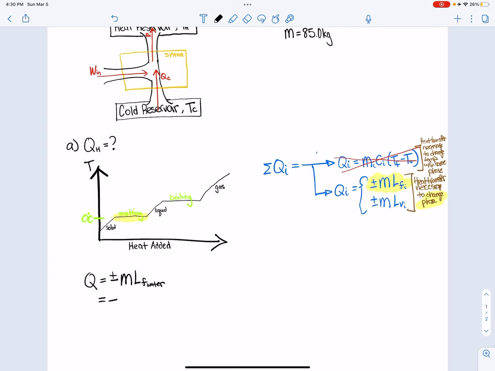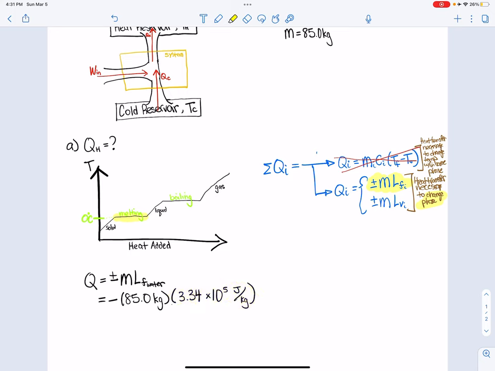And mass, again, is 85 kilograms. And the latent heat of fusion for water is 3.34 times 10 to the 5th joules per kilogram. Okay, and I got this value for the latent heat of fusion for water on Google.